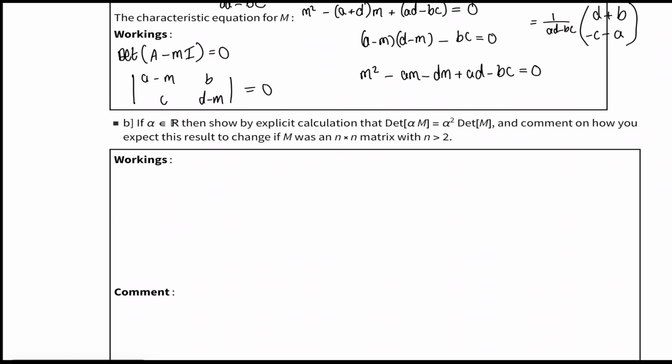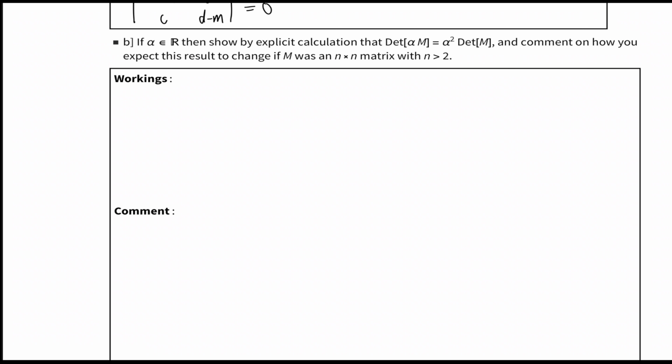Cool. If alpha is a real number, then show by explicit calculation that det of alpha M is equal to alpha squared times that of M, and comment on how you expect this result to change if M was an n times n matrix with n greater than 2.